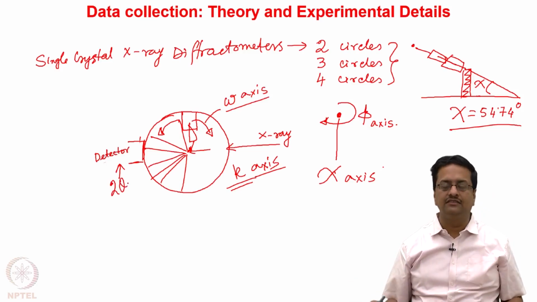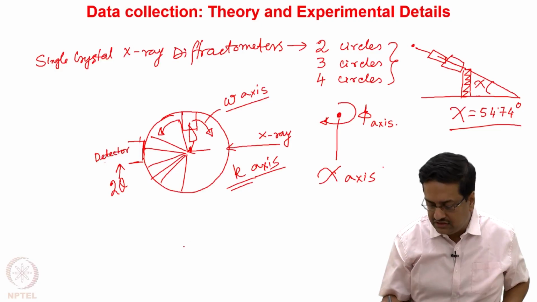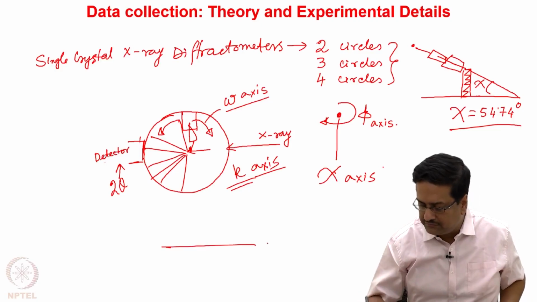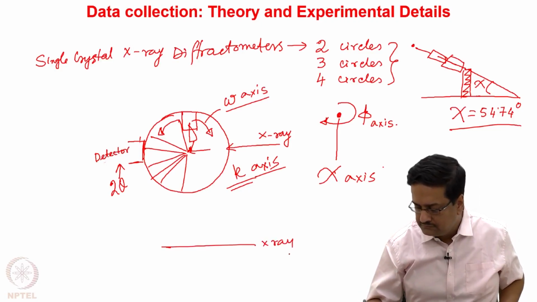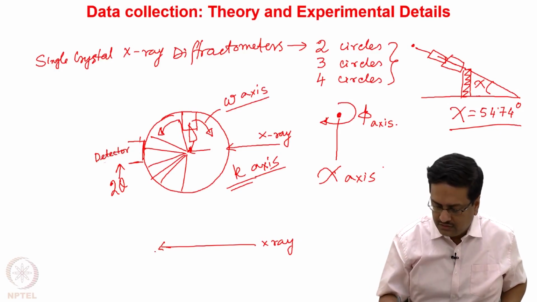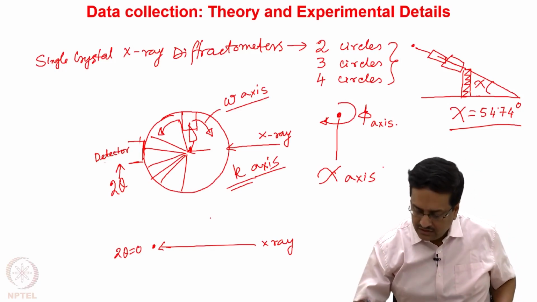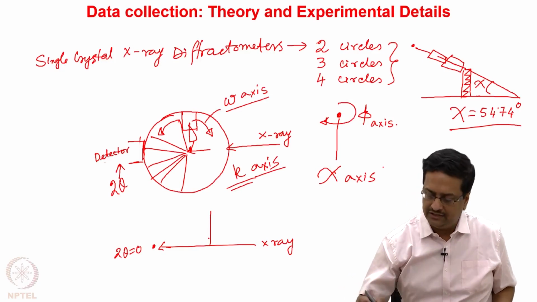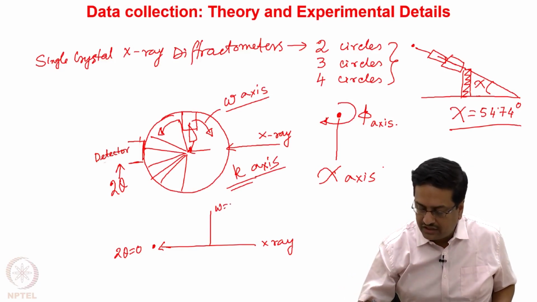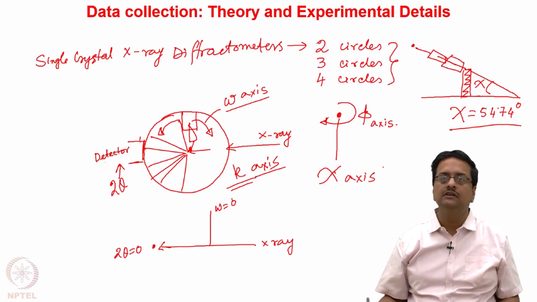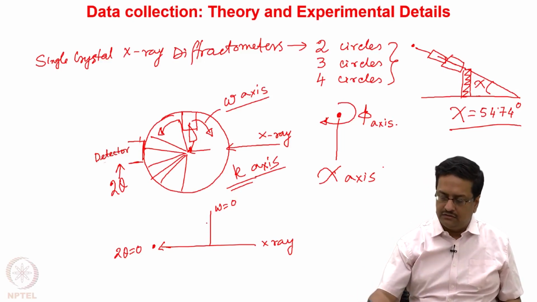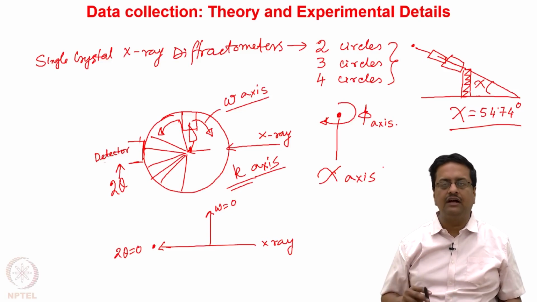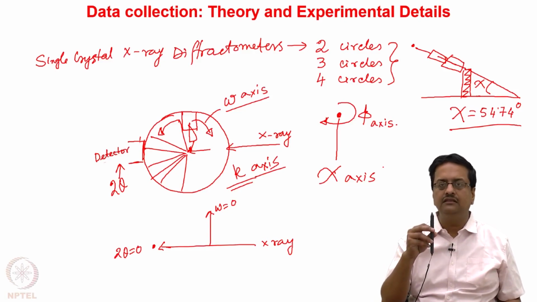With respect to the direct beam, this position is 2 theta equal to 0. A perpendicular position with respect to the direct beam is omega equal to 0, and kappa 0 is this one.